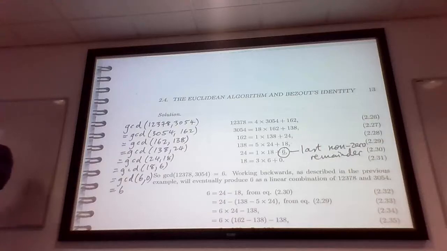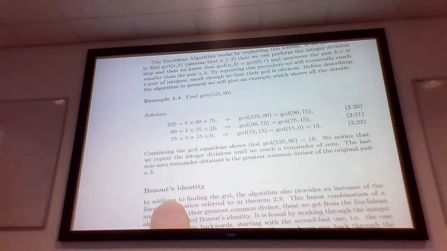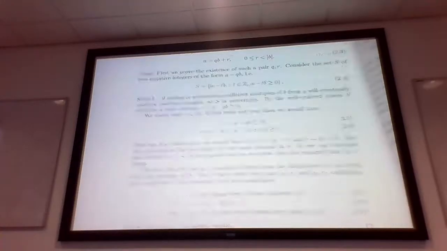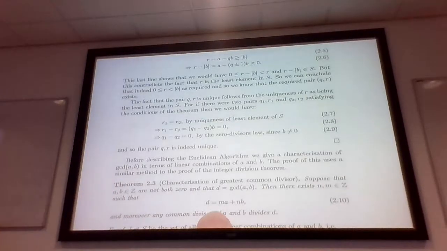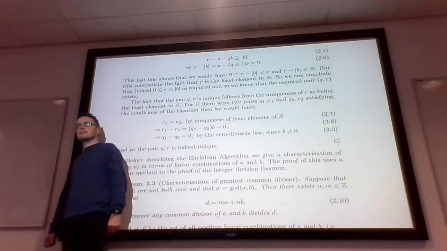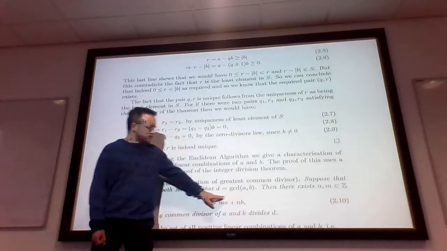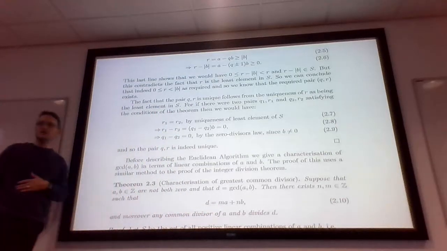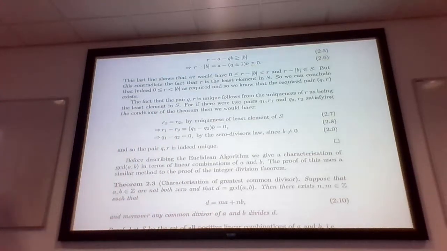But the Euclidean algorithm does a second thing. It also produces the so-called Bezout's identity. Now, Bezout's identity, remember we proved this result, theorem 2.3, that the greatest common divisor of a pair A and B can always be realized as a linear combination of A and B. Well, such an equation, a linear combination of A and B which gives you the greatest common divisor, is called Bezout's identity.